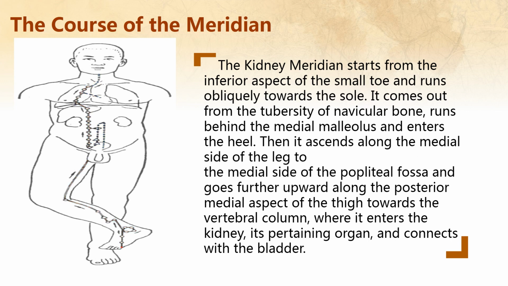Then it ascends along the medial side of the leg to the medial side of the popliteal fossa and goes further upward along the posterior middle aspect of the thigh towards the vertebral column, where it enters the kidney, its pertaining organ, and next connects with the bladder.